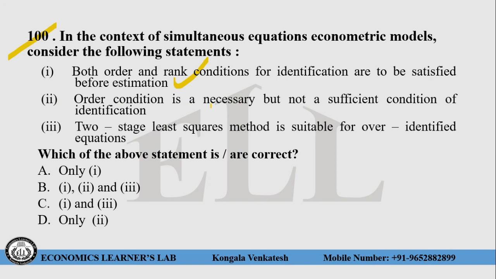Order condition is a necessary but not a sufficient condition of identification. Yes, this is also correct. Roman number 3. The two-stage least squares method is suitable for over-identified equations. Yes, this is also correct. So here the right answer for this question is choice number B, that is all the statements are correct regarding the simultaneous equation econometric models.